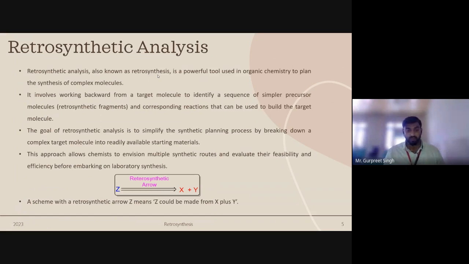Just for example, here we have this Z molecule, which can be synthesized from X or Y. So we need to design a scheme using retrosynthesis from X or Y chemicals to synthesize the Z target molecule.